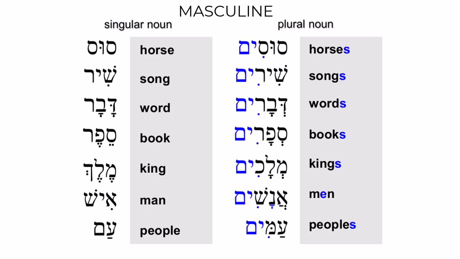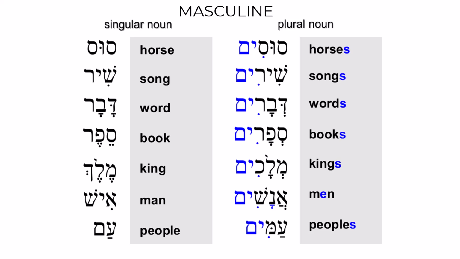Because the im ending is a sign of a masculine plural noun. When you want to pluralize a masculine noun, you add the im ending, and it becomes susim, which means horses. In English, you add s. In Hebrew, to a masculine singular noun you add im, and it becomes susim, for example, to make horses.